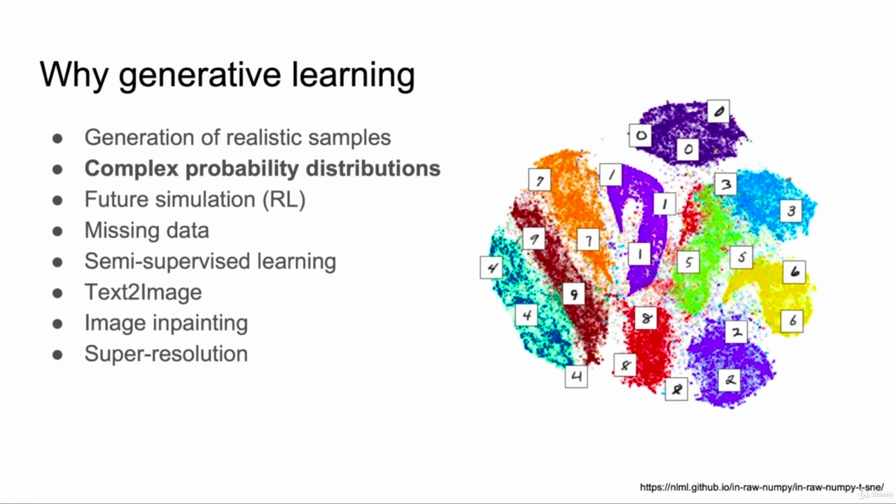So usually we have a set of data and we want to somehow estimate the distribution of these samples. And these samples can be of any type: audio, images, texts, and for some reasons, for some other algorithms, people sometimes want to estimate this distribution. Here, generative learning helps.